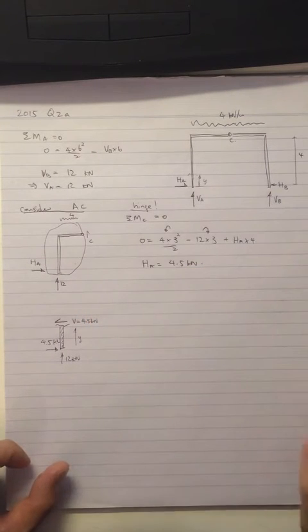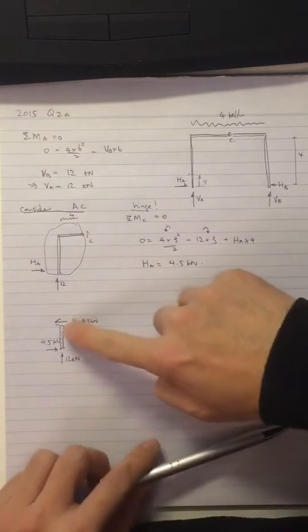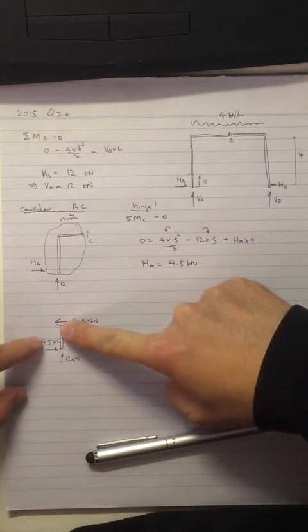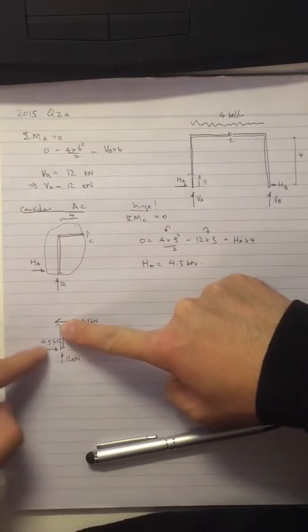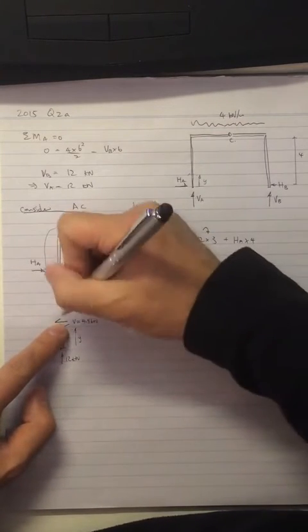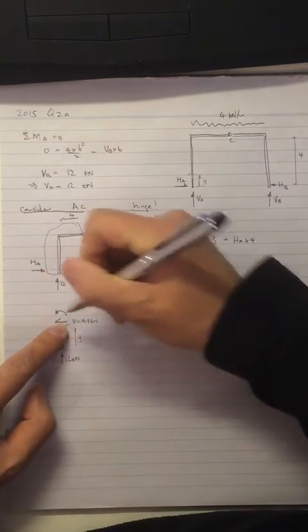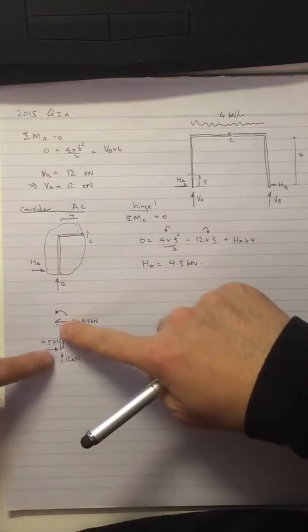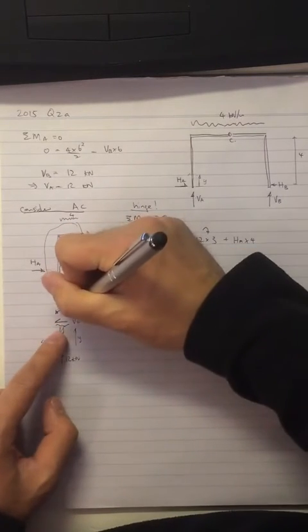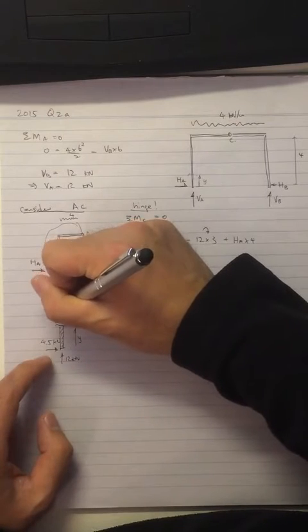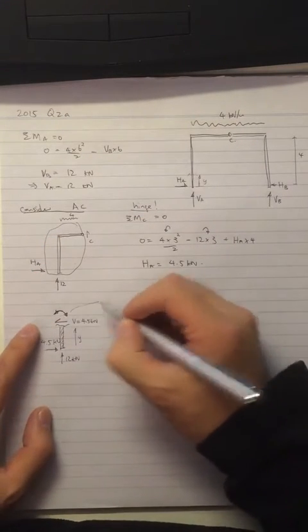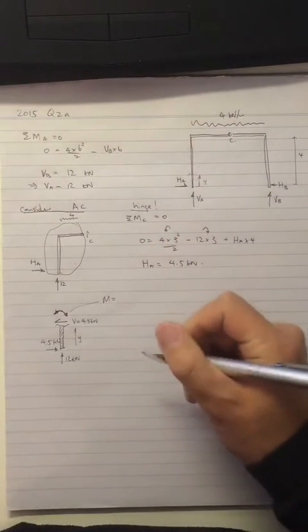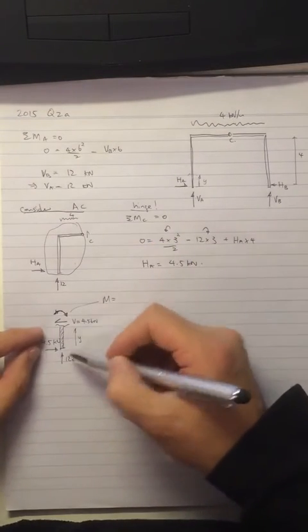If you take moment about that cut, you can see that the horizontal reaction force creates a counterclockwise moment. So to balance it out, you have to have some clockwise bending moment there. And the magnitude of that moment will have to equal 4.5 times y.